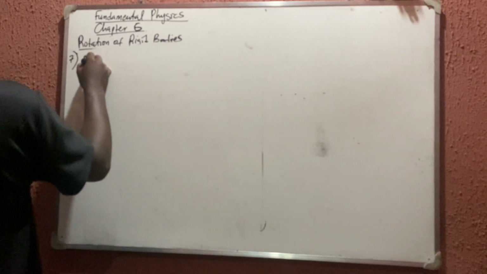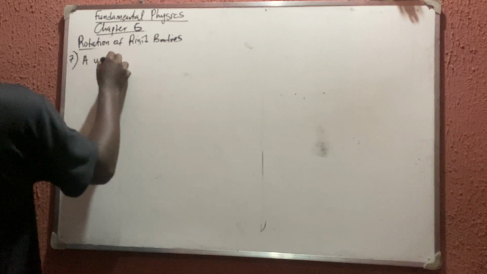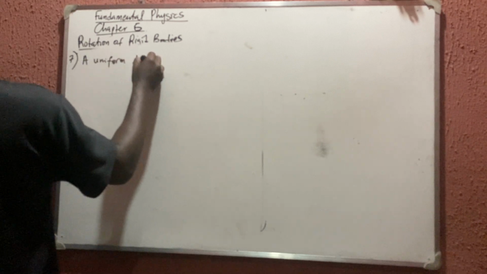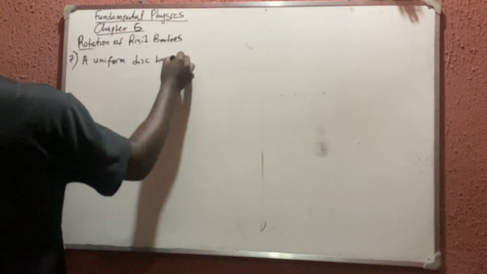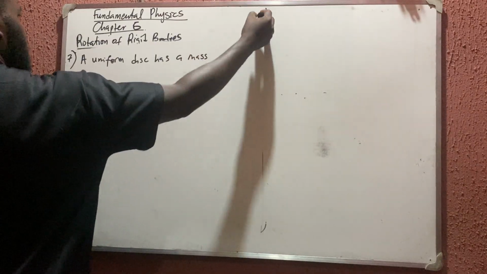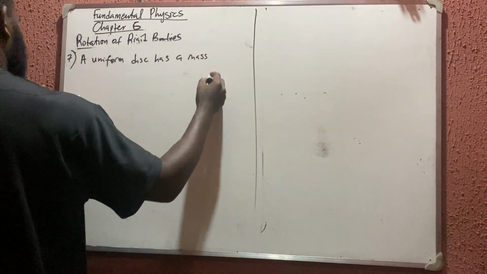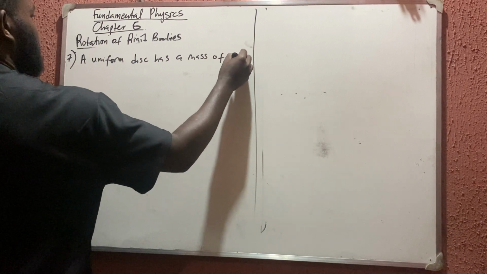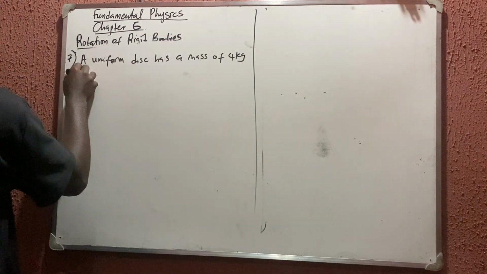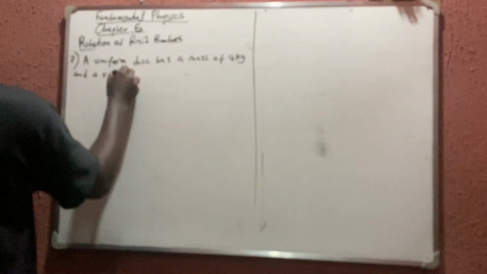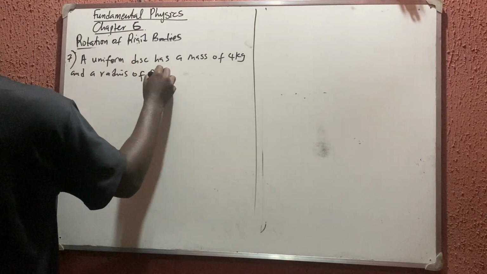So the calculation here says a uniform disc has a mass of 4 kg and a radius of 2 meter.